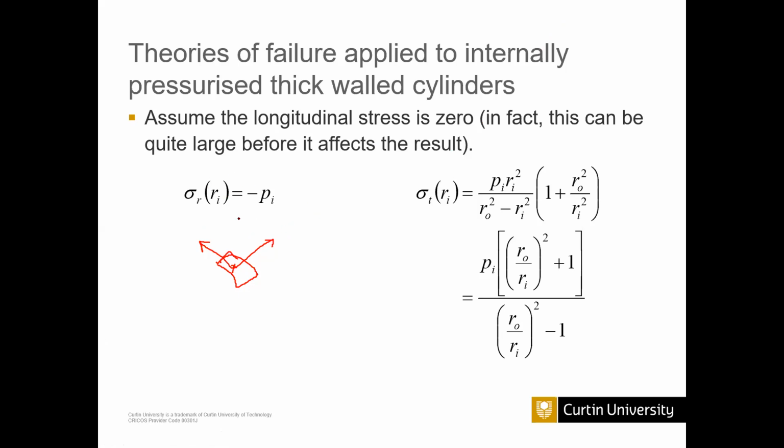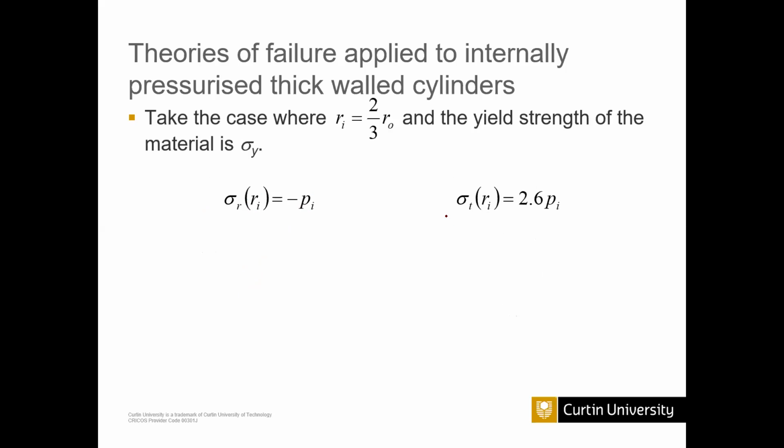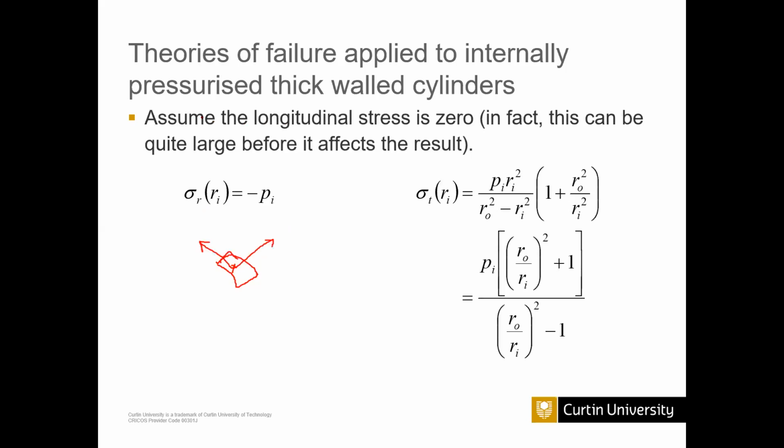Then we can calculate using those equations. If it is internally pressurized, we know the radial stress. We already calculated these using the equation. It's minus pi for the radial one. Then you can introduce the yield strength of the material.